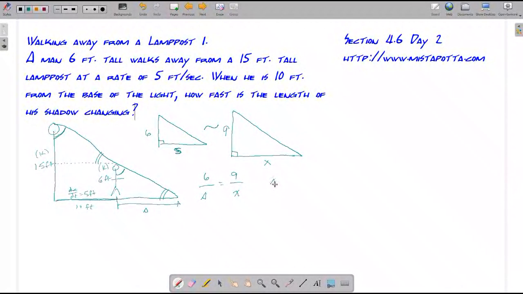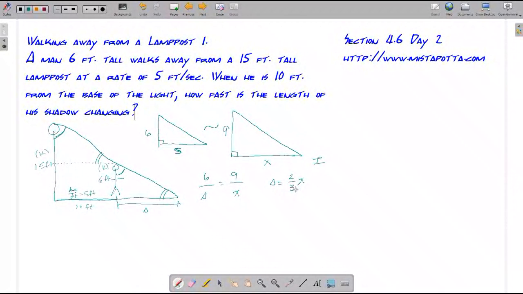I know that s is equal to 2/3 of x. And from this relationship, this is step 1. I've come up with a model.